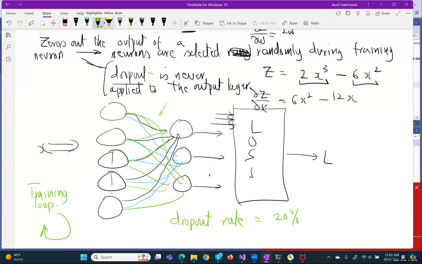So if I have 5 neurons, as you can see in my model over here, in the hidden layer, I have 5 neurons. What is 20% of 5? 1, right? Okay. So that means I'll pick one of these neurons and I'll zero out their value.